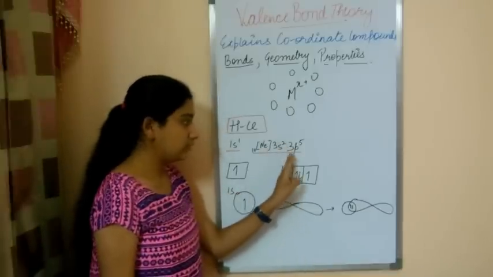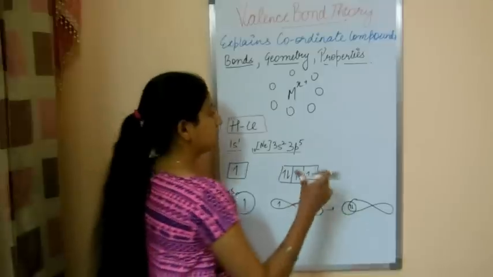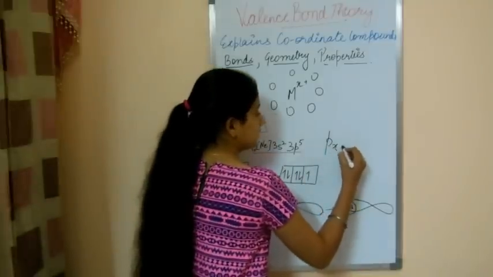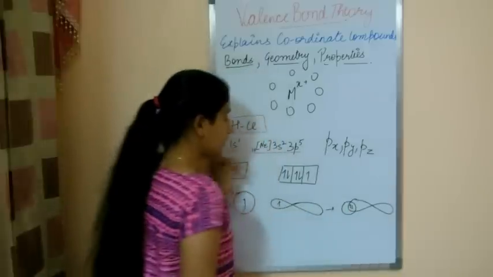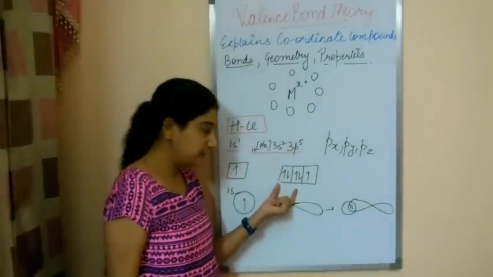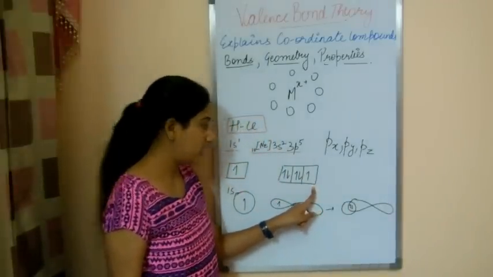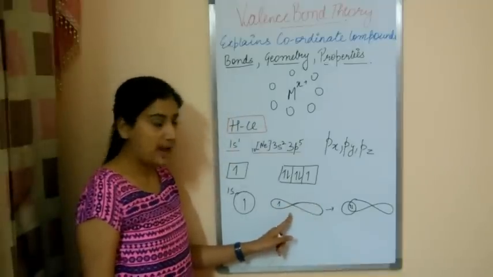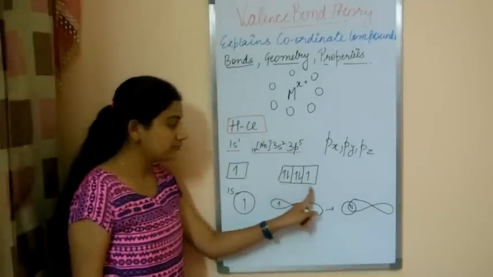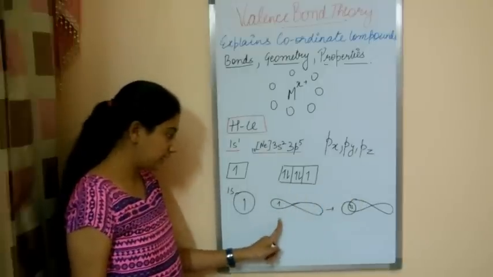Similarly here, we know that 3 p orbitals are present, which are px, py and pz. 2 of them are fully filled, and 1 is half filled because it contains 1 electron. The diagrammatic representation of the p orbital is this, and out of these 3 p's, only 1 is half filled. It is shown here.